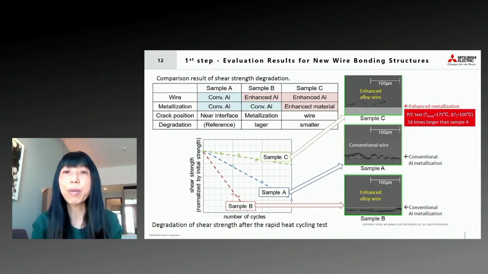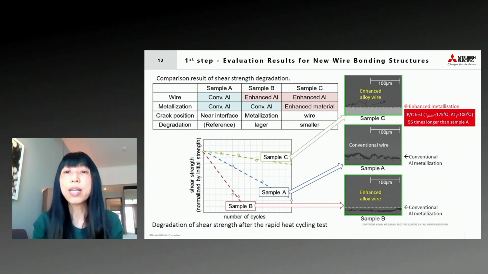It may be surprising, but B, which uses the enhanced wire, decreased in strength more than A, the conventional one. Post-analysis shows that B broke within the metallization layer on the chip surface, not at the interface.